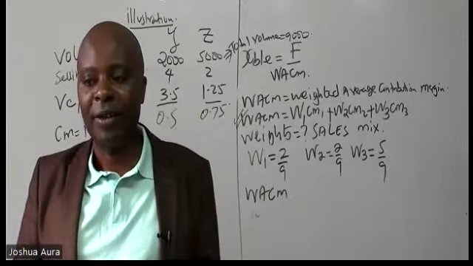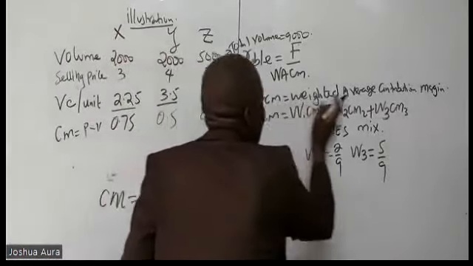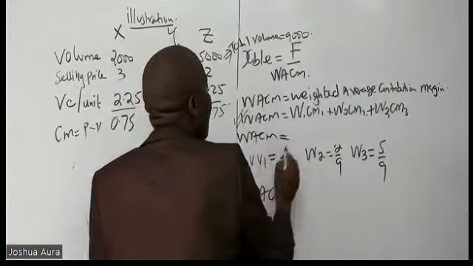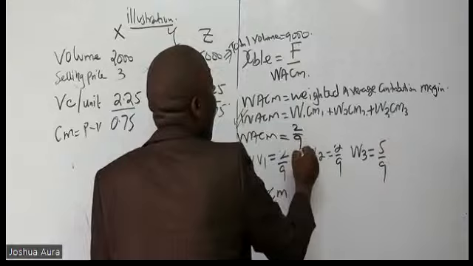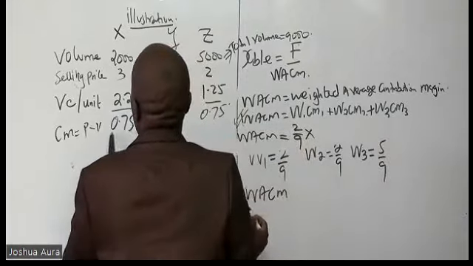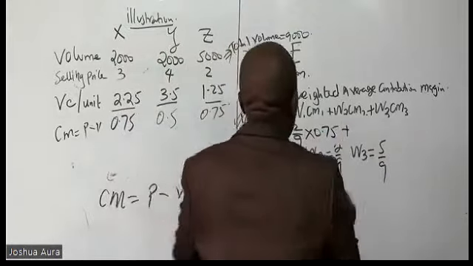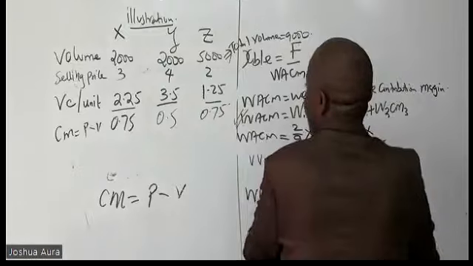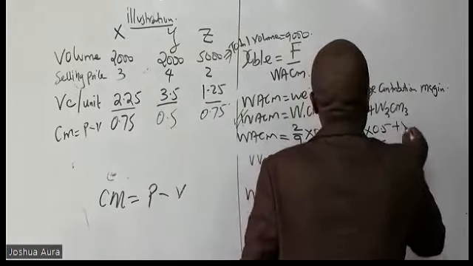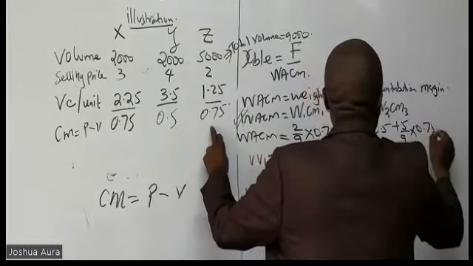Remember what I'm doing? I'm basically plugging in, substituting here. So my WACM will be equal to weight 1, which is 2/9, times contribution margin 1, which is 0.75, plus weight 2, which is 2 over 9, times contribution margin 2, which is 0.5, plus weight 3, which is 5 over 9, times the third contribution margin, which is 0.75.